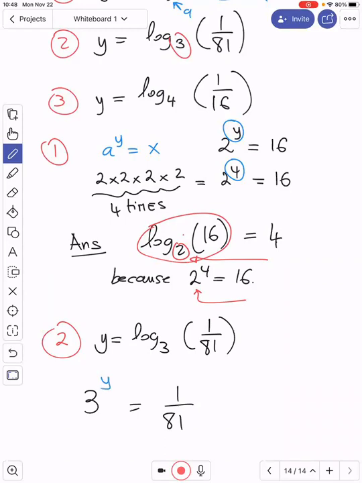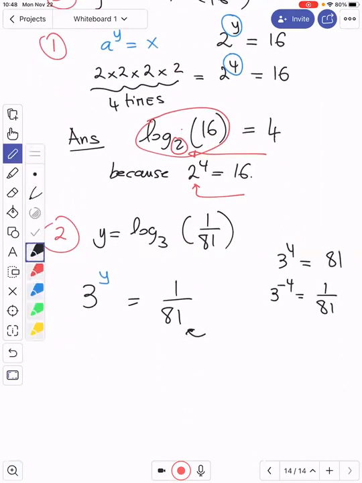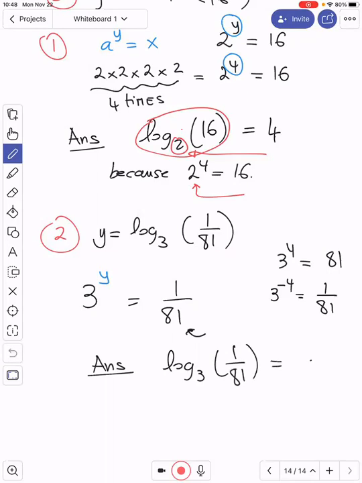You know that 3 to the power 4 is 81, but your 81 is in the denominator, not on top. So if you want 81 in the denominator, you need a negative power. 3 to the negative 4 is 1 over 81, so the answer, the Y, is negative 4. So log in base 3 of 1 over 81 is negative 4.